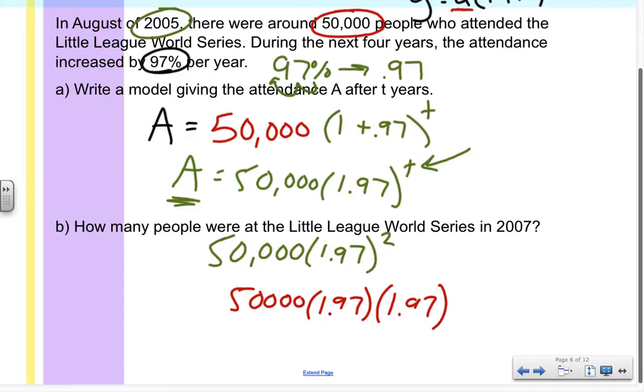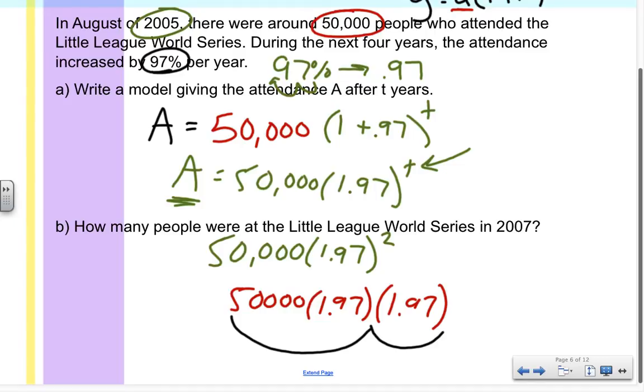So this piece here tacks on 97% once. That would be 1 year. Then whatever that answer is, I'm multiplying it by 1.97 again to add on that second year of adding 97%.